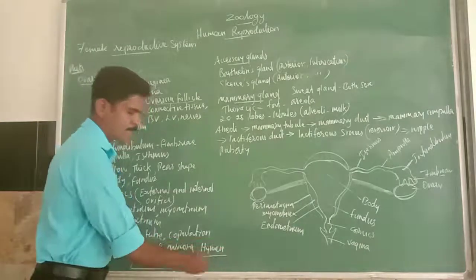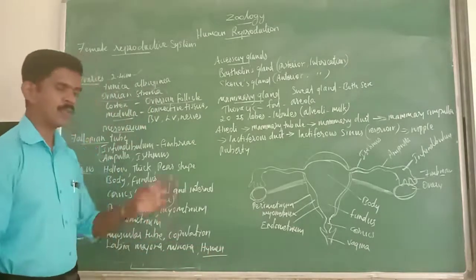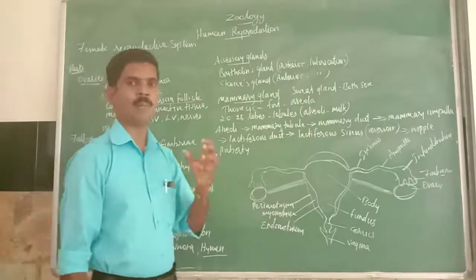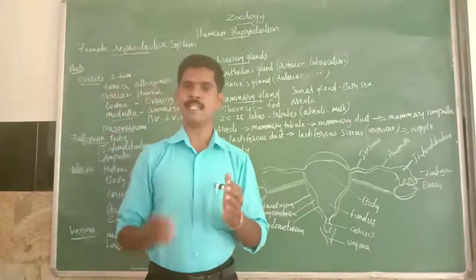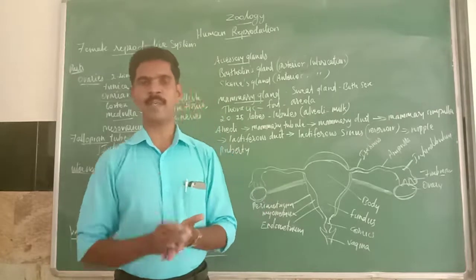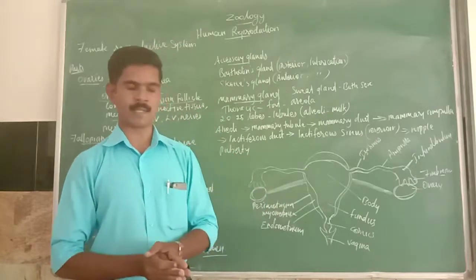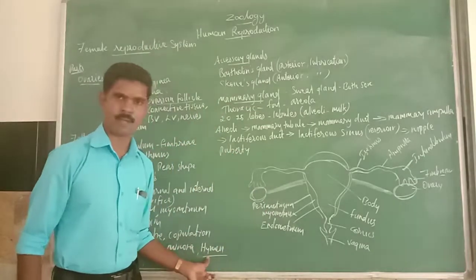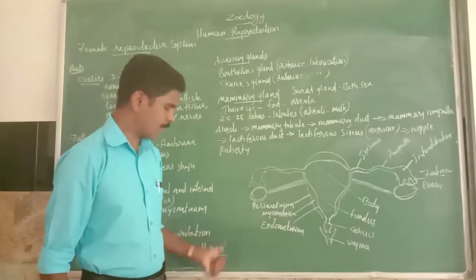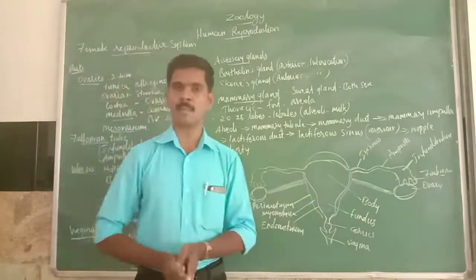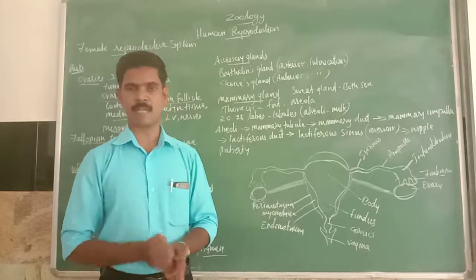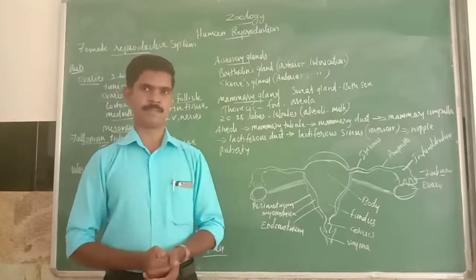Here, the hymen is a small membrane. The opening of the vagina is partially closed by a small membrane-like structure called the hymen. The hymen ruptures or breaks down during the first sexual activity, or first coitus.